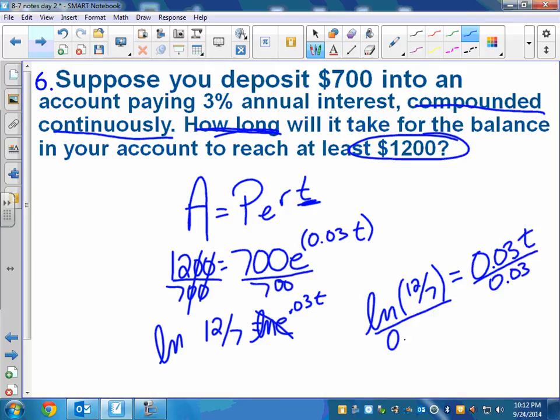I'm going to divide by 0.03, and I'm looking for time, right? So let's see here. ln of 12 divided by 7, put that in parentheses, divided by 0.03, and I get 17.97 years. Almost 18 years before that deposit would equal $1,200. Okay?